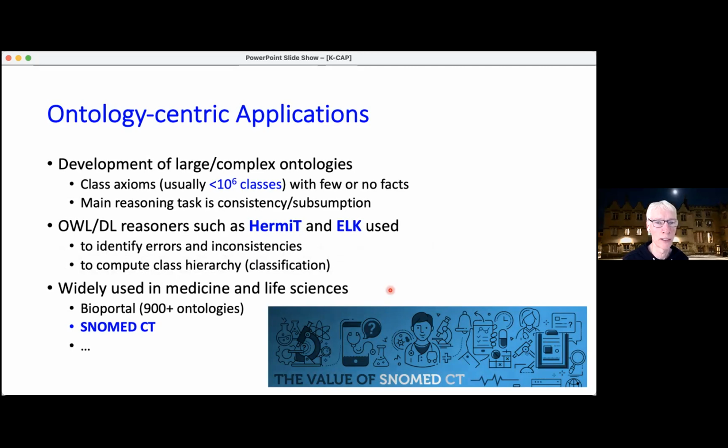And one of those challenges was the sort of gap between ontology-centric applications and data-centric applications. So in ontology-centric applications, we're mainly interested in the schema part of the graph. And we're interested in constructing, potentially large ontological schemas.